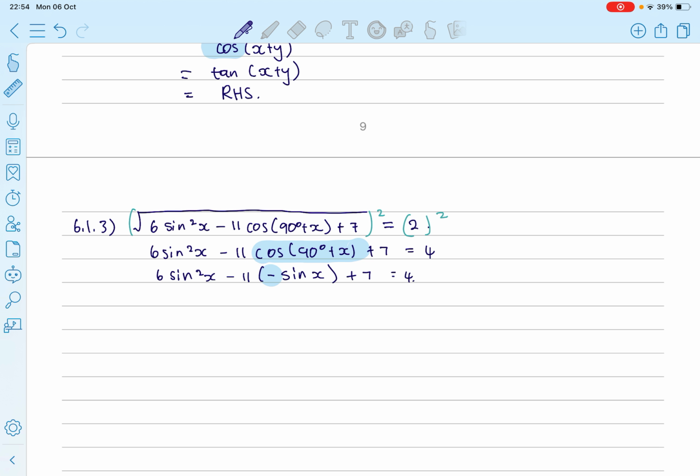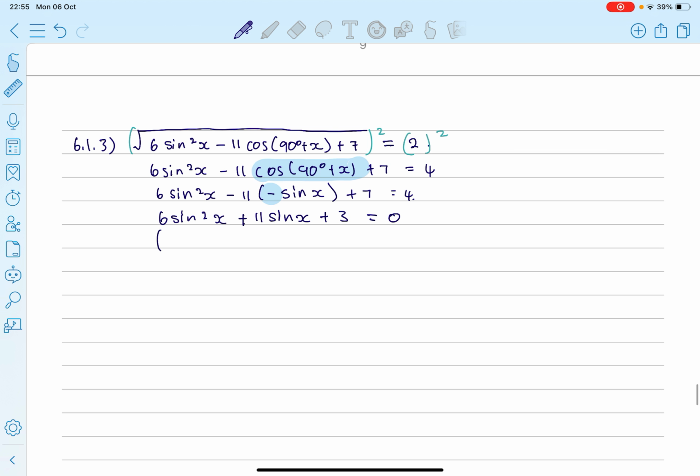Alright, so now we've simplified everything. It's looking like a trinomial, so we can take the 4 to the left. So now we have sine squared x minus 11. This is now plus sine x plus 7 minus 4 is 3. And this is equal to 0. We've now reached a point where we can actually factorize this.